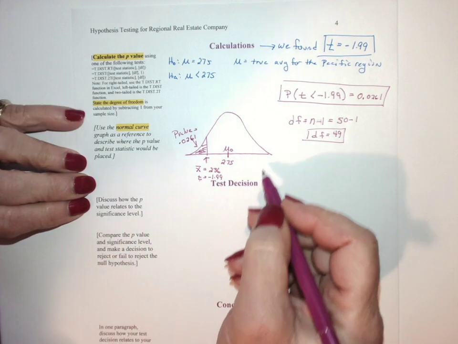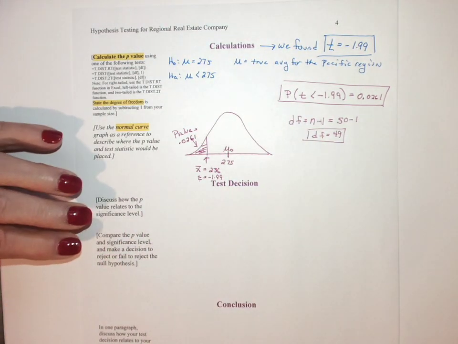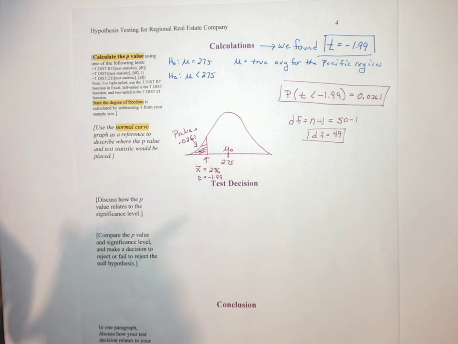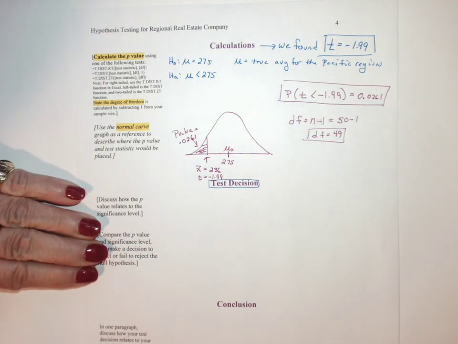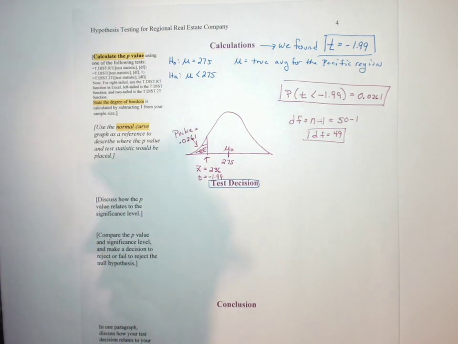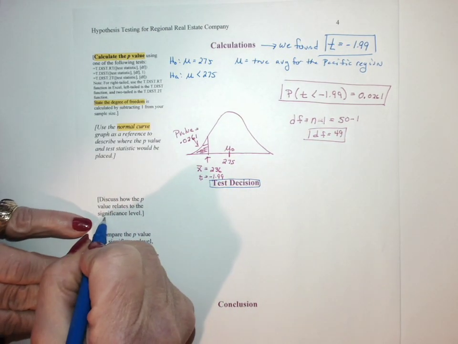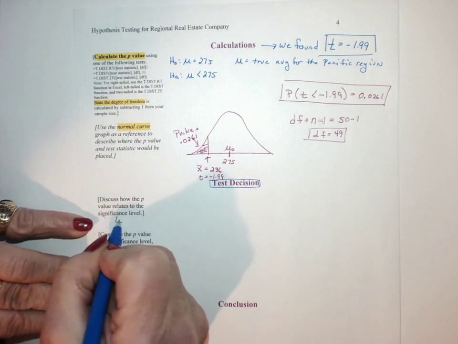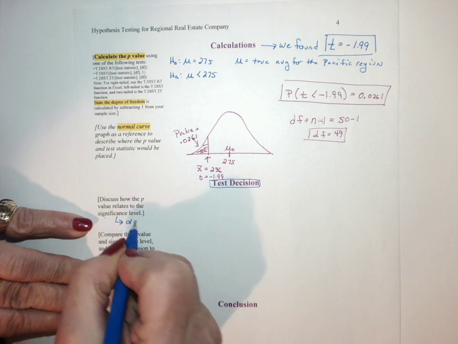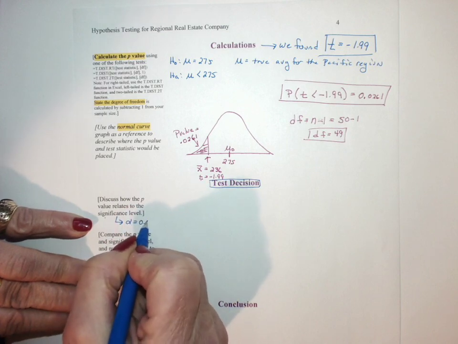So now we can make a decision. We have all the information to make a decision, okay? And it says related to the significance level, and we've already stated that our significance level is 0.05.